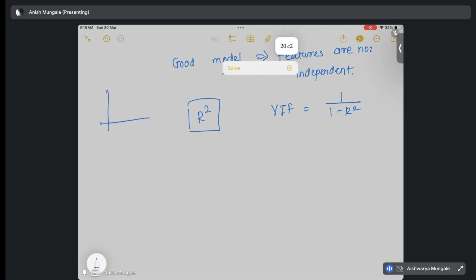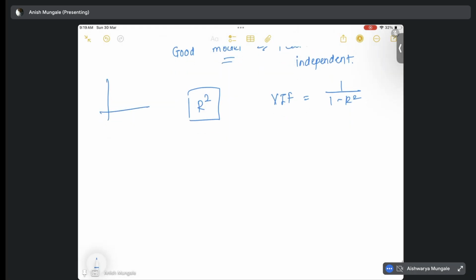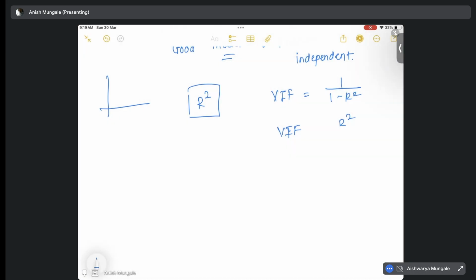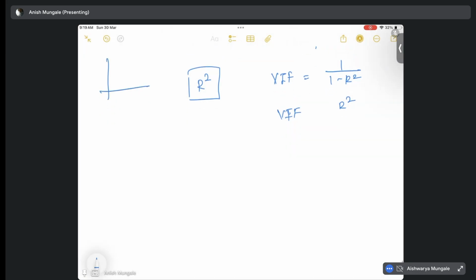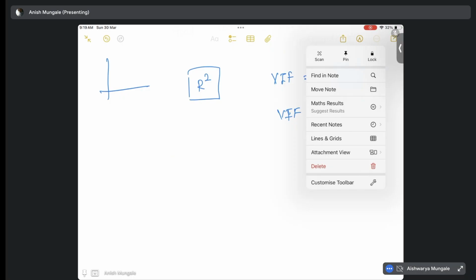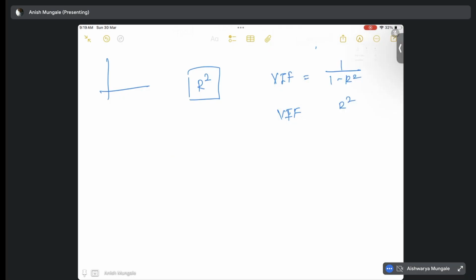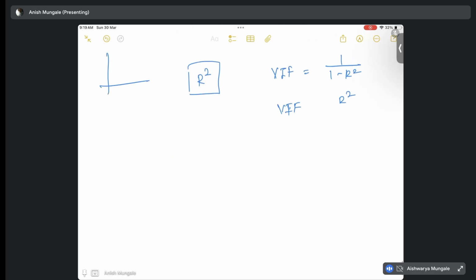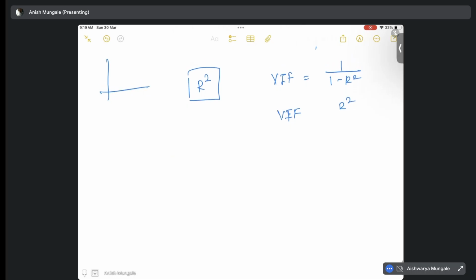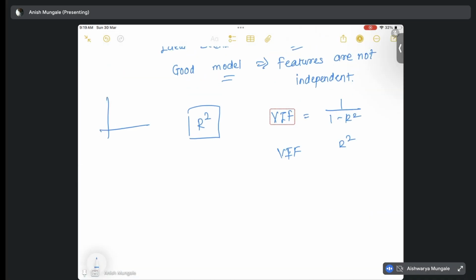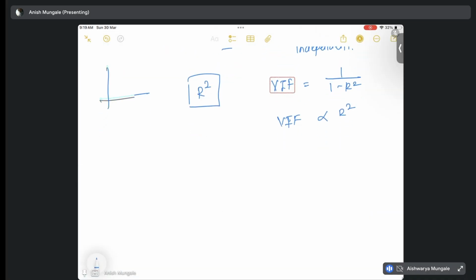Okay, so tell me, is VIF directly proportional or inversely proportional to R square? Actually it is directly proportional, but the easiest way is to put in values and check.